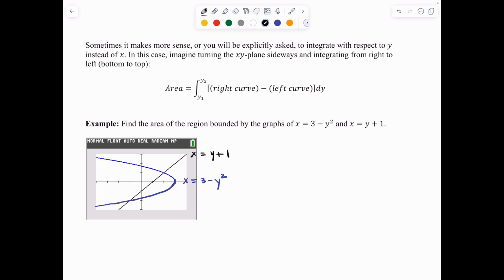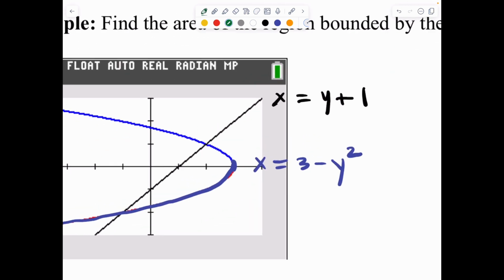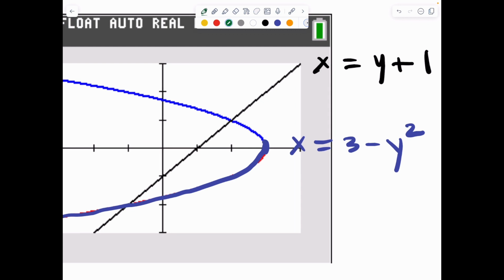So in this case, also whenever we are thinking about turning the graph sideways, like the xy plane sideways, right? Like the top function would actually correspond to the right curve, and then the bottom function would correspond to the left curve. Or we can think about it as, well, now our infinitely many rectangles that we're using to calculate area are going to be horizontal slices.